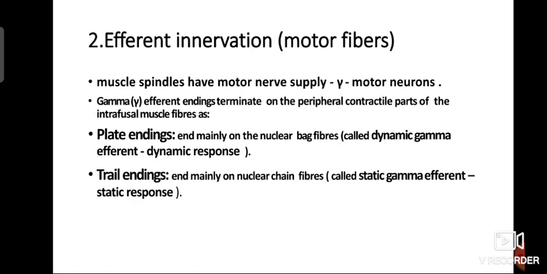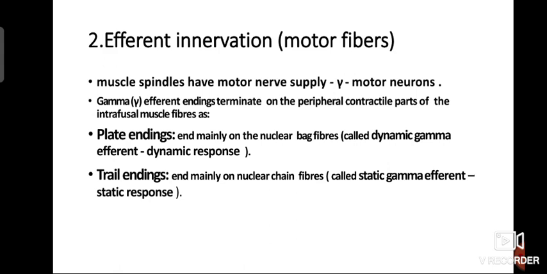Now the second is the efferent innervation, or motor fibers. Muscle spindles have a motor nerve supply. These are called gamma motor neurons. Gamma efferent endings terminate on the peripheral contractile part of the intrafusal muscle fibers. They have two endings, plate endings and trail endings. Plate endings end mainly on the nuclear bag fiber and are called dynamic gamma efferents. They are responsible for the dynamic response.